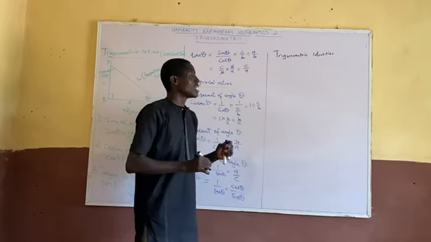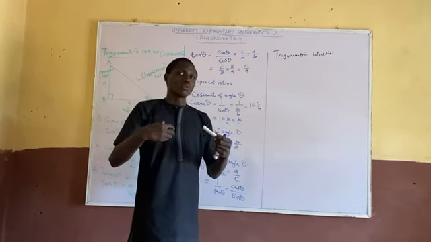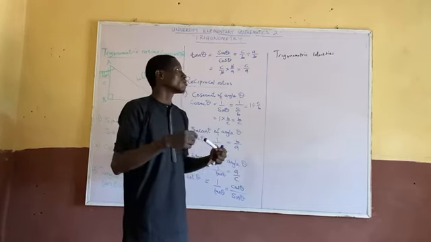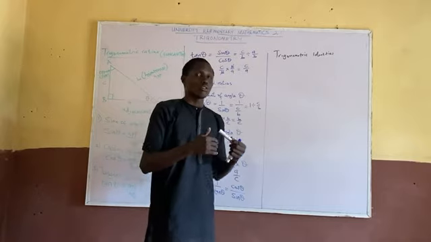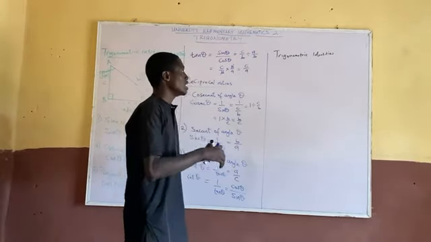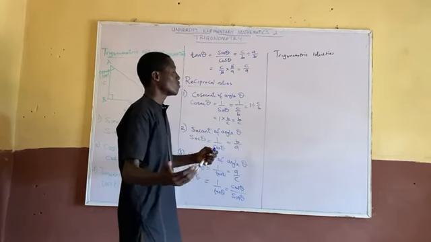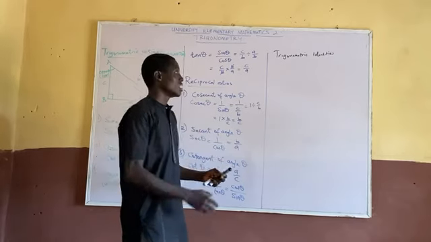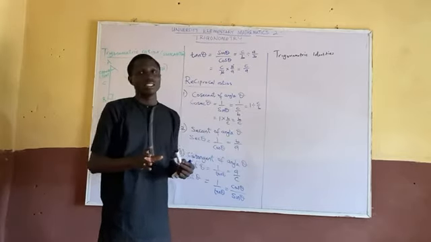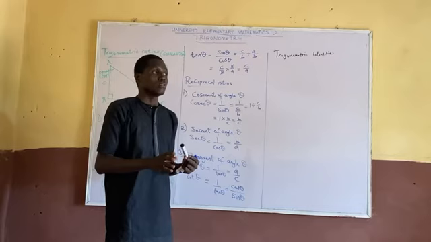You will be referring to them often, when you are asked to differentiate trig functions and so on. If you have this knowledge of trigonometric identities, it will be easier.